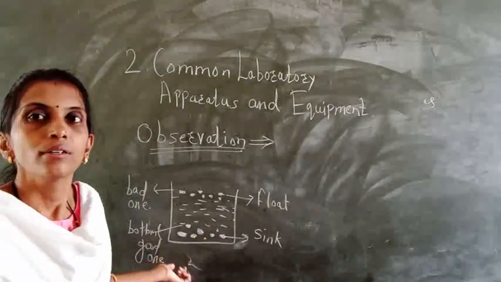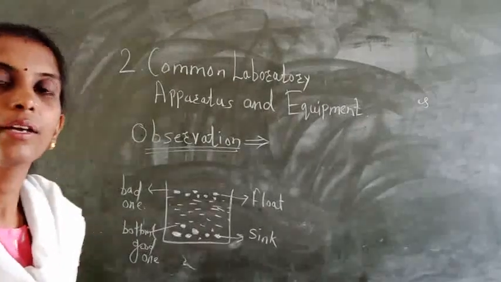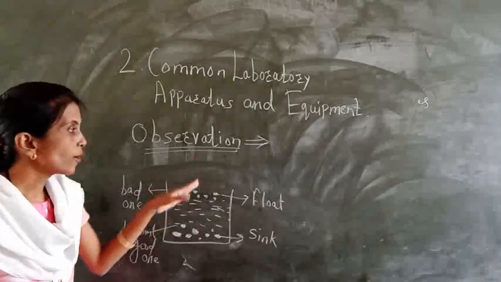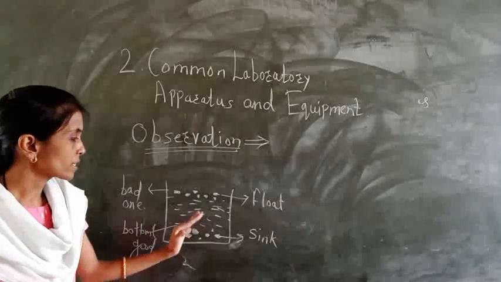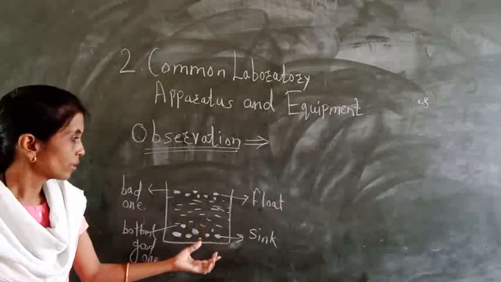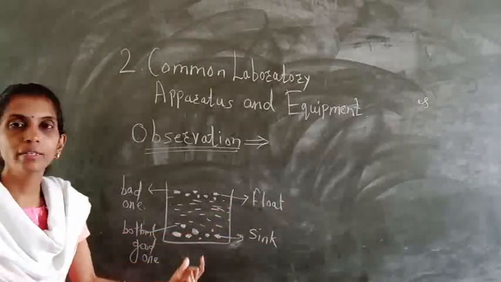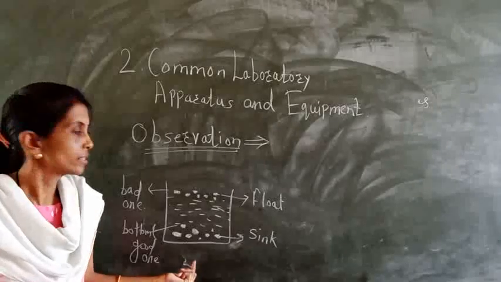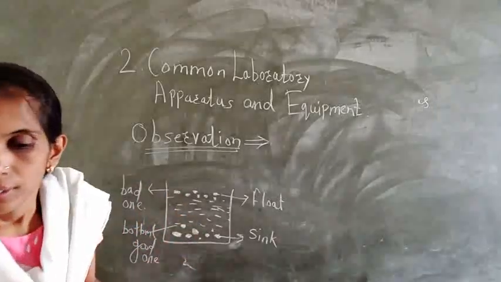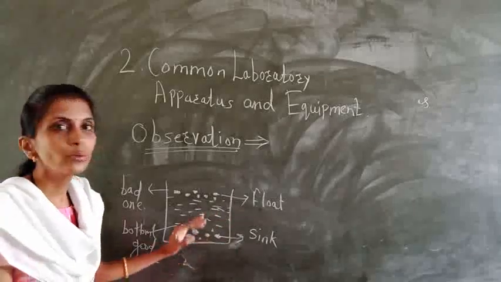Okay. So from that experiment we conclude something. That means which are the good seeds and which are the bad seeds. So, see, for that the farmer does the experiment.